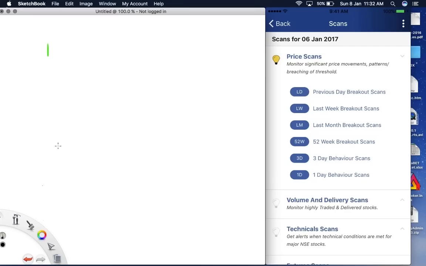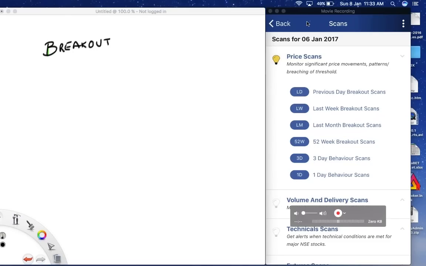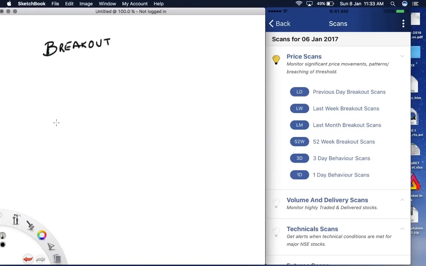Let's say the market has been going up for the last 2-3 days like this. Students may like to draw candlestick charts. So let's say it's been going up like this for 3 days. Price has 4 parameters, which are open, high, low, and close. If this was the last trading day, this was the highest point and this was the lowest point.